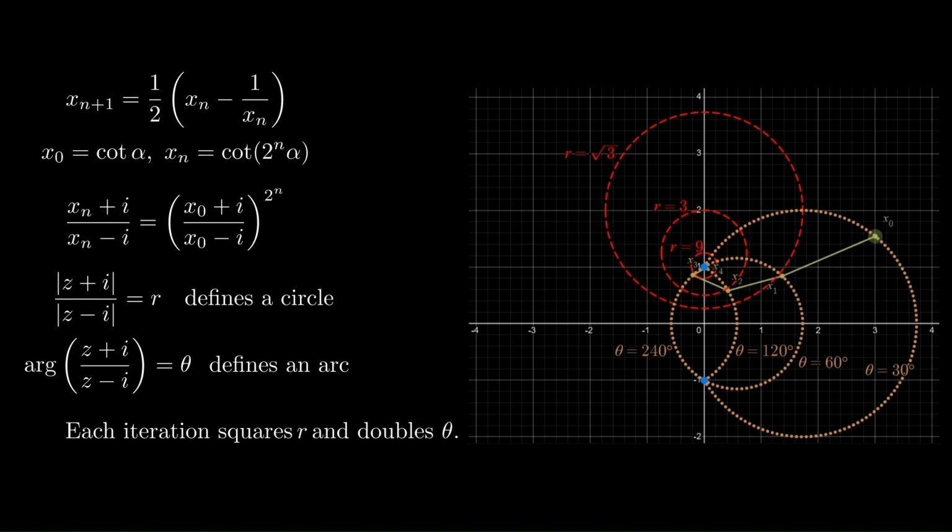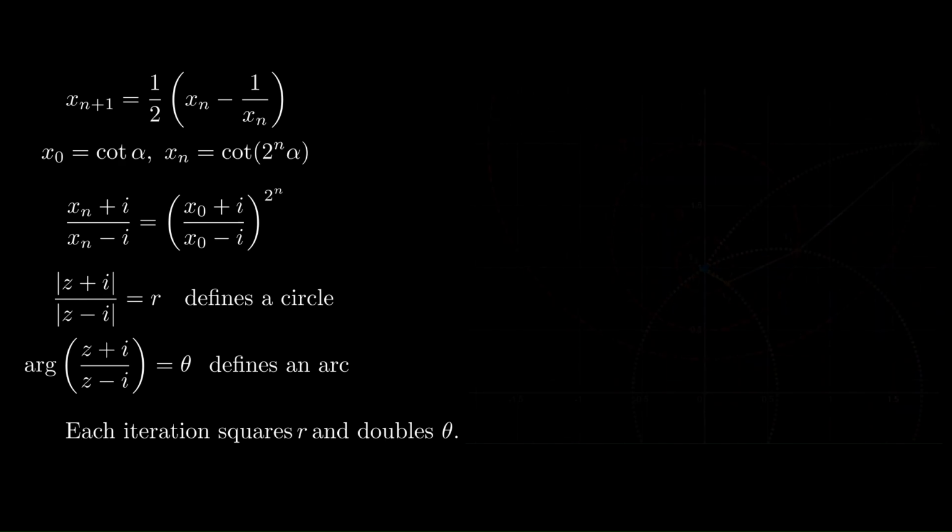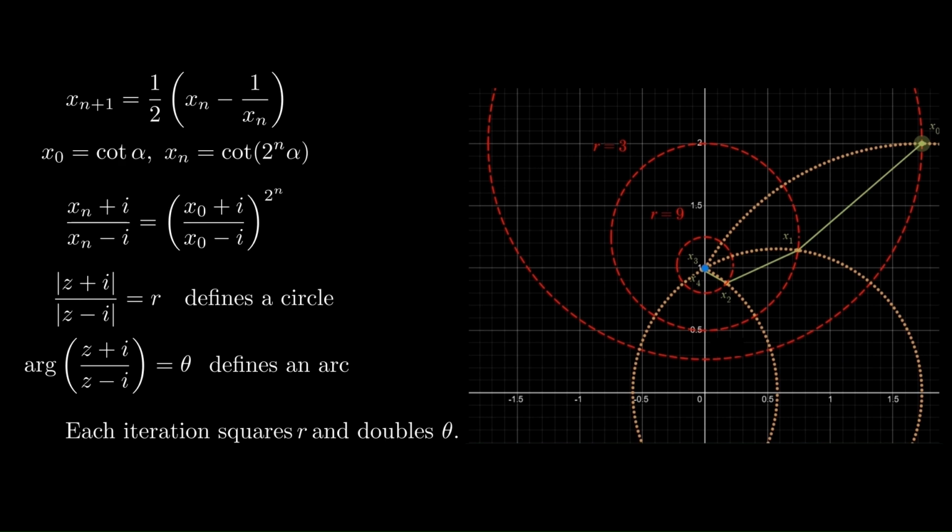If we also put x0 on the circle with r equals square root of 3, then x1 will lie at the intersection of the r equals 3 circle and the theta equals 60-degree arc. And then the later terms will also be at intersections between the red circles and orange arcs. Since r gets squared each time, x4 will have an r value of 3 to the 8th, or about 6,500.